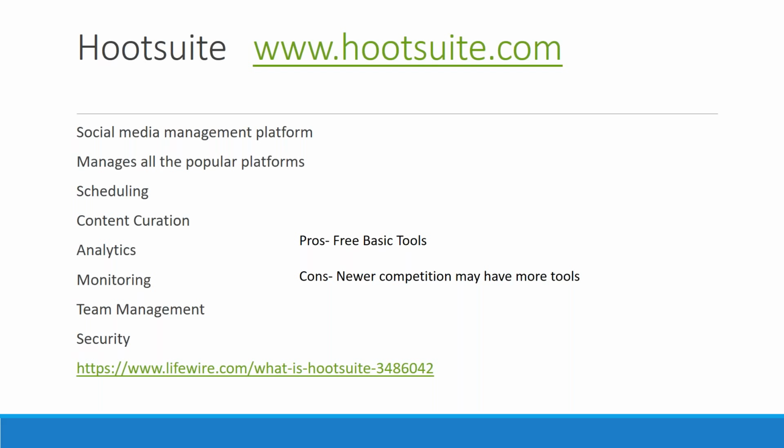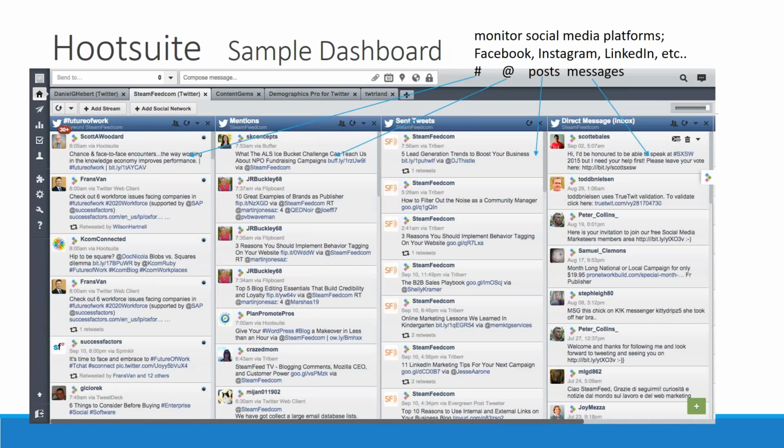On this page with the dashboard, you can track by hashtag, app mentions, posts, and direct messages. You can set this up to track different social platforms like Facebook and Twitter. I think it also tracks LinkedIn now and a variety of other places where people are posting. It's a great thing that brings it all together, and you can see it in one spot.